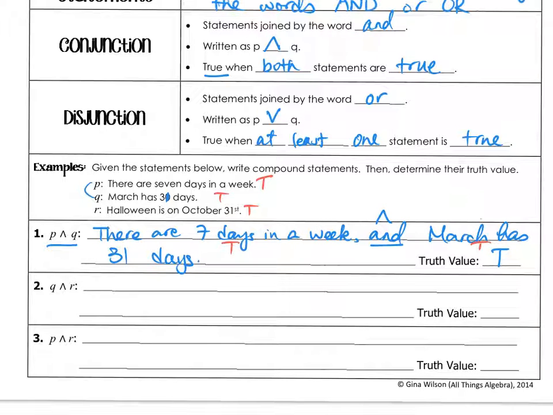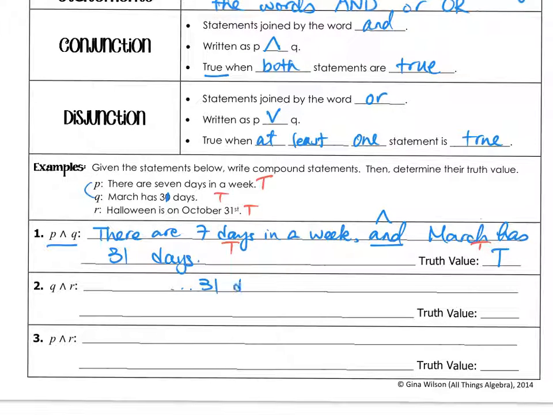So next, if we do P or R, we simply join them together with an or. So we say March has 31 days. Q and R. So we say March has 31 days and Halloween is on October 31st. So I'm not going to write out the whole thing.